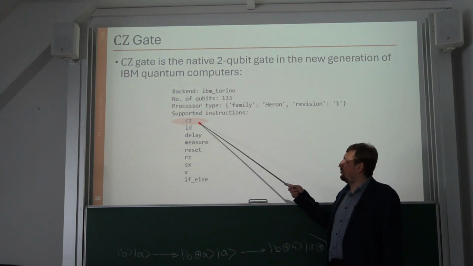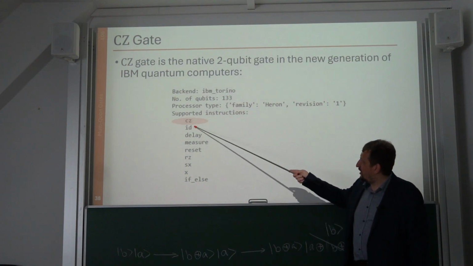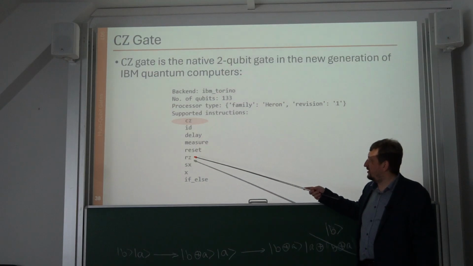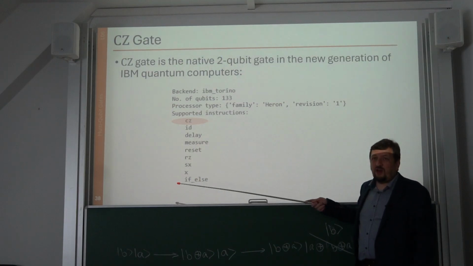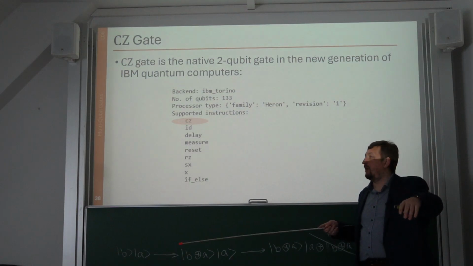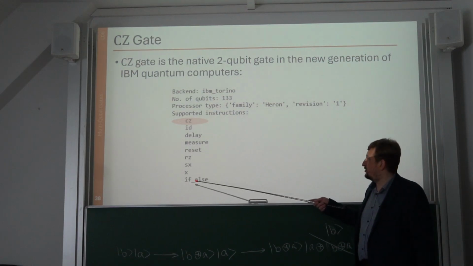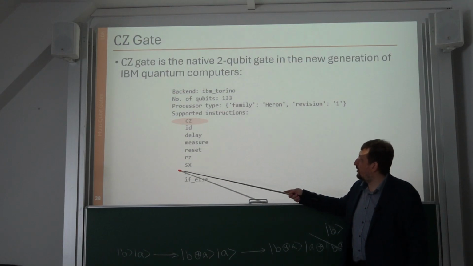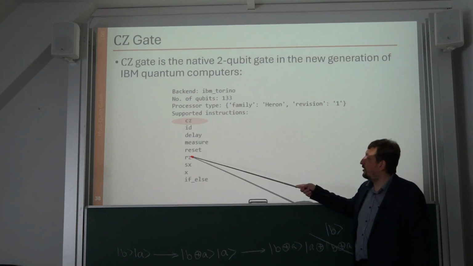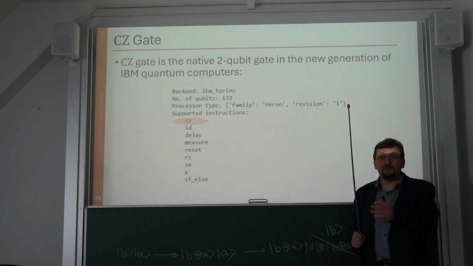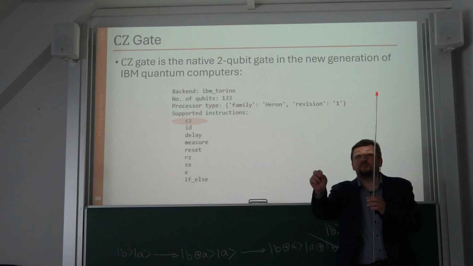They in general have not a lot of gates. So we have control Z. Okay, this is identity, so this is just delay. We can measure, we can reset. If-else is a conditional application: if some classical bit is 0 or 1, we can apply some other gates. So these are single qubit gates, really single qubit gates. Arbitrary rotation about z, and we already know that this arbitrary rotation z is just a delay.